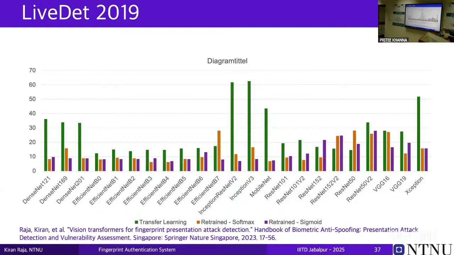Now in 2019, the data set became more complex. So the more complex the data set became, the same architectures start failing. Right? So what this tells is that you also need to consider how to update your architectures, or find better mechanisms to detect the attacks, because the attacks are becoming better and better.